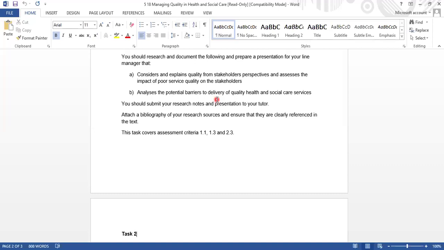In the first part, I explained what service quality is, and what quality needs to be, what individuals expect, what service providers expect, and how you can maintain quality against standard.